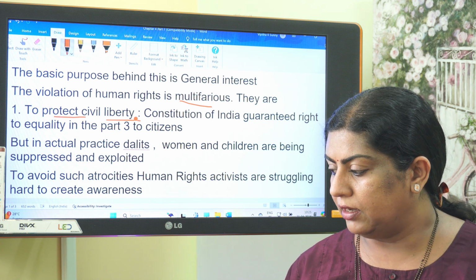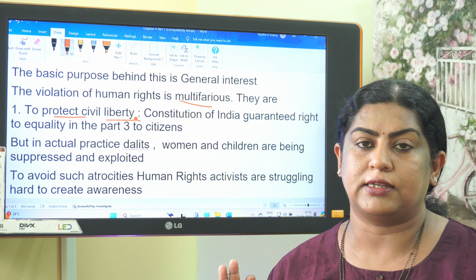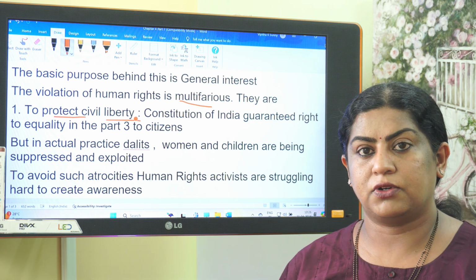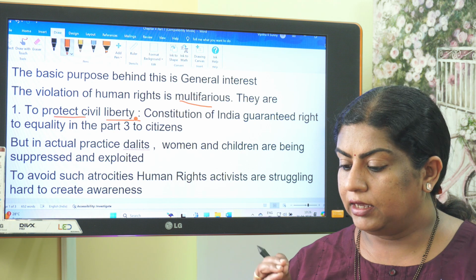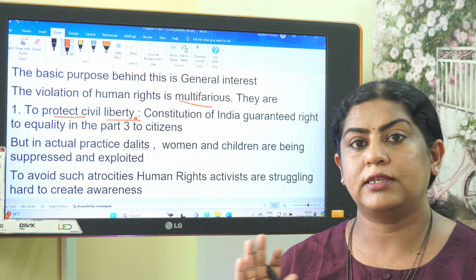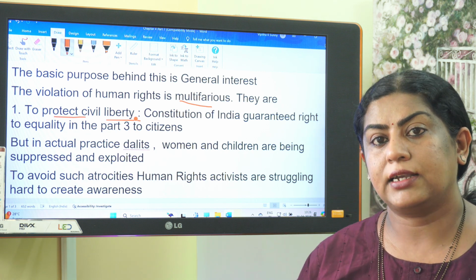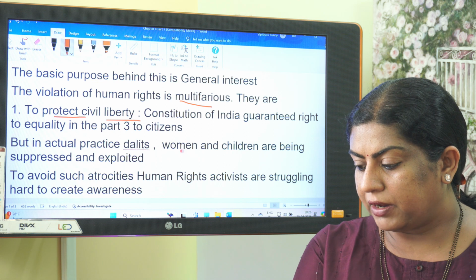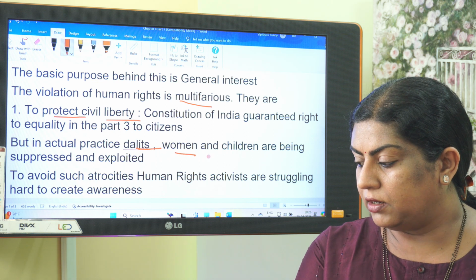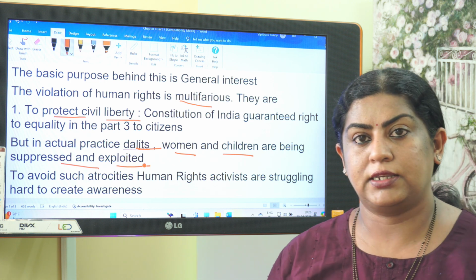The Constitution of India guaranteed the right to equality in Part 3 to the citizens. That is, all citizens will be treated as equal. But what happens in actual practice? In actual practice, Dalits, women and children are being suppressed and exploited.